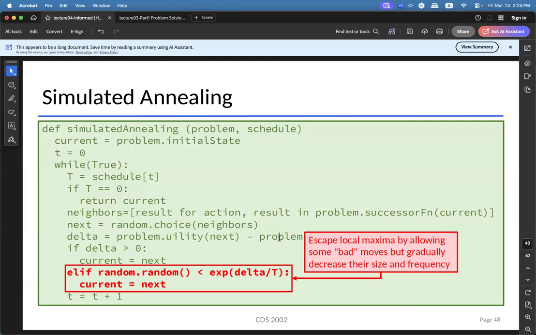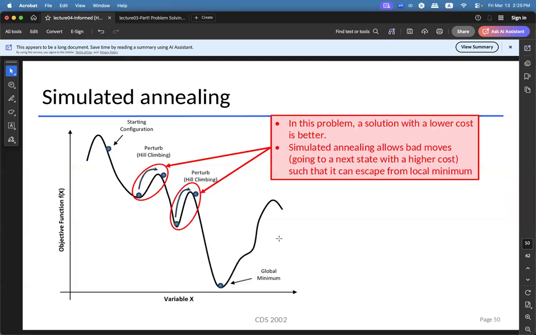That is the reasoning of simulated annealing. Allowing bad moves in the beginning allows you to escape from the local optimal. When you get closer to the end of the search, you should be very close to the global optimal. As a result, you should reduce the amount of bad moves so that you do not escape from the global optimal, because you do not want that.